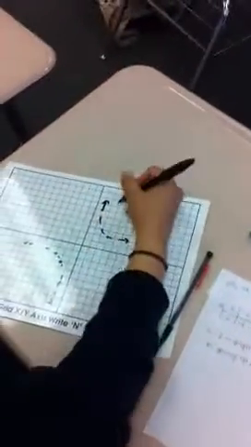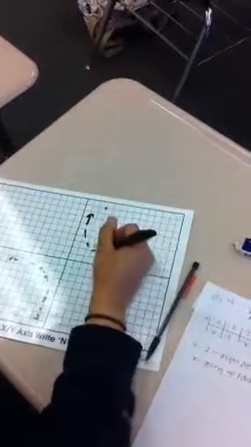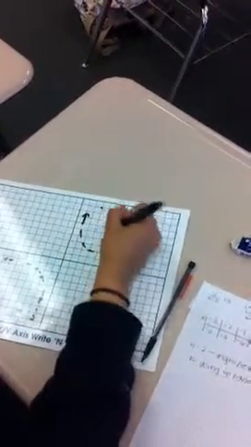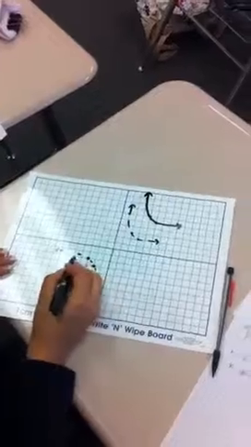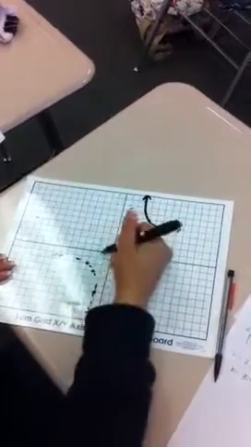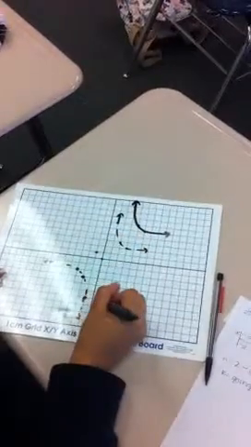So over 2, up 3, over 2, up 3, and over 2, up 3. And this is when you're going to use a solid line because this is your final graph.